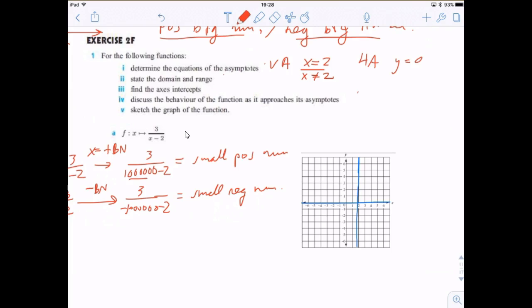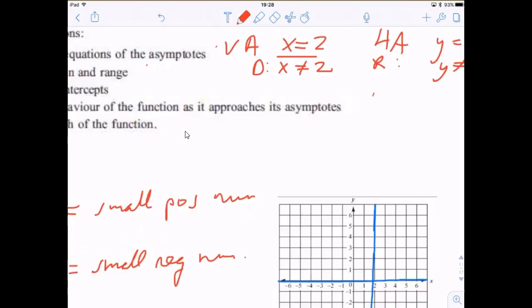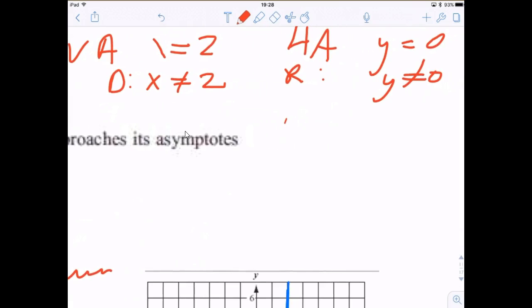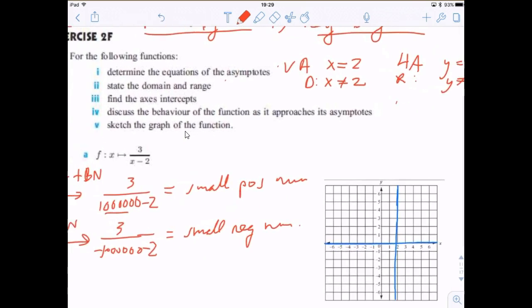If the horizontal asymptote is y equals 0, the range is going to be y is not equal to 0. Okay, so once you say the horizontal asymptote and the vertical asymptote, you already kind of know the answer to domain and range, because they're opposites of each other. Okay? Alright, let's look at what's next.